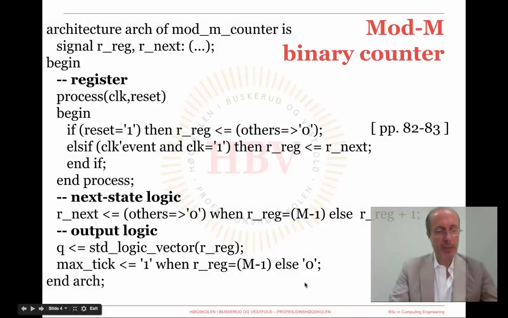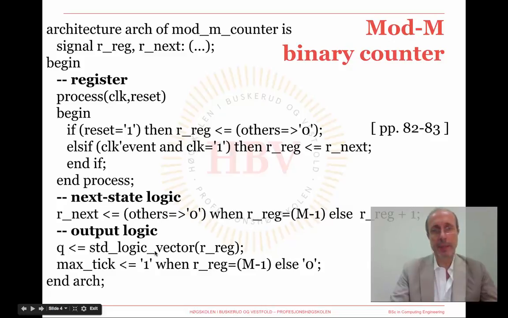The modulus n counter presented in this slide doesn't support any other control inputs besides the usual asynchronous reset signal, which is declared and used in the usual form. The thing to notice in particular here is the way to force the counter reinitialization when the limit value n is reached.